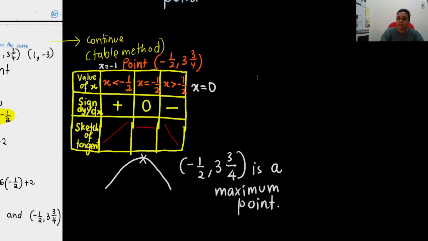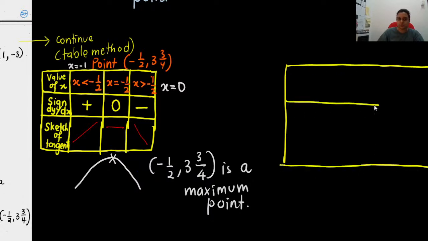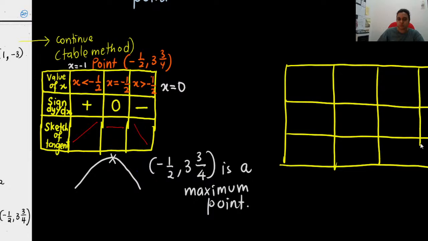For the other table, we first draw 4 columns and 3 rows.